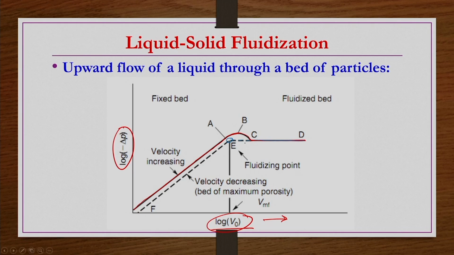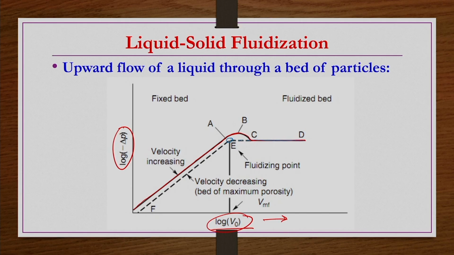But once it has been fluidized and you gradually decrease the velocity, at point D the particles are free from each other, suspended like fluid particles. Down to point C they are still free from each other, suspended under fluidized conditions.